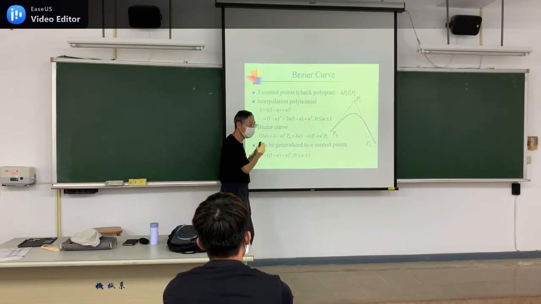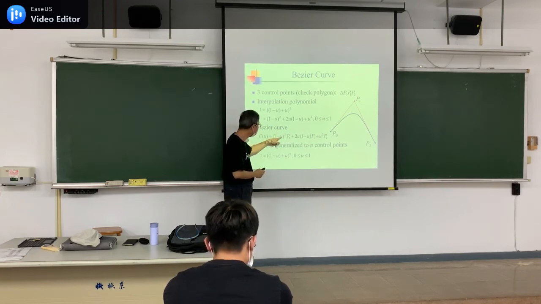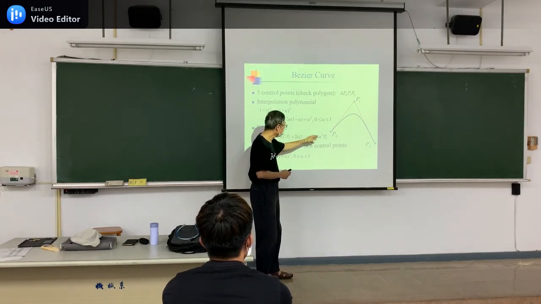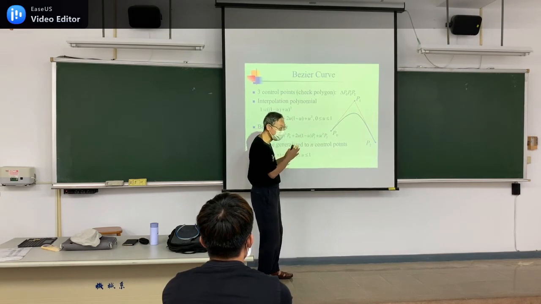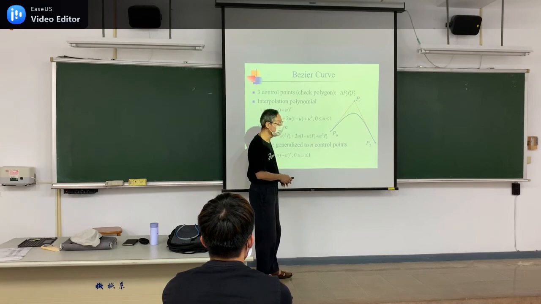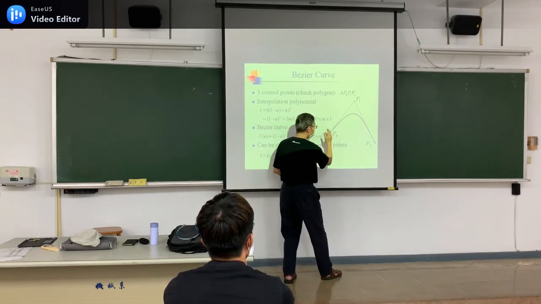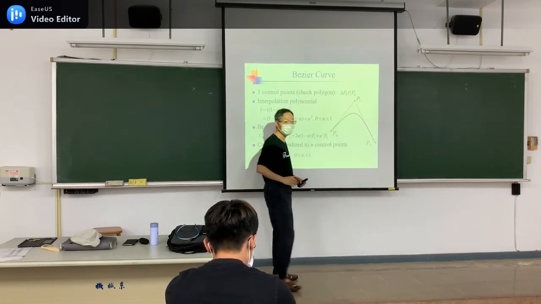And then gradually, when U increases, this will decrease, and this will increase and increase. When U is larger, close to 1, more weighting on P5. So the weighting is shifting from the first control point to the second and to the final.